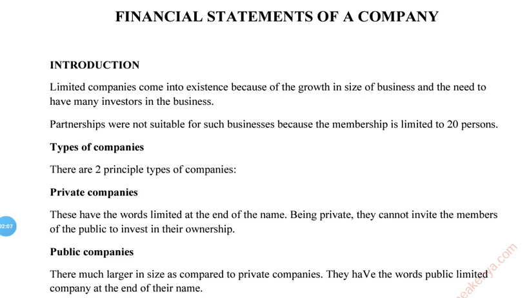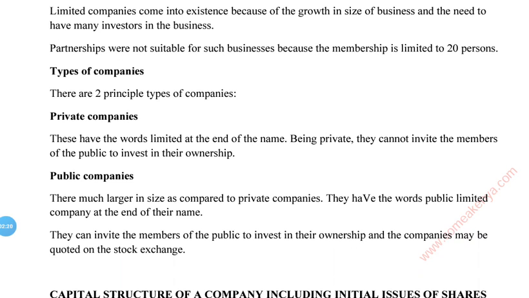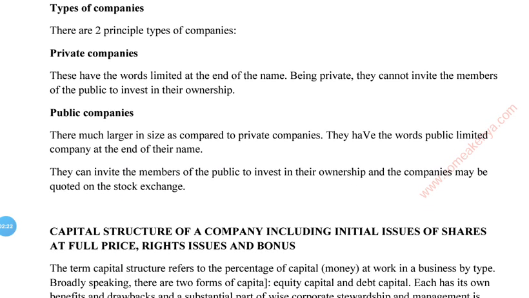So in simple terms, a private company does not allow outsiders to purchase its shares. Public companies are much larger in size compared to private companies. They have the words public limited company at the end of their name.